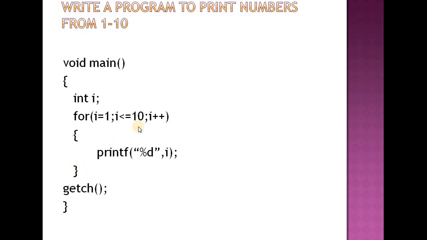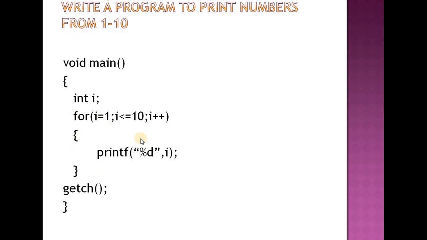With this curly bracket, control will go over here, the value of i will become 3, control will come over here. Is 3 less than or equal to 10? Yes. Enter the loop, print the value of i, which is 3, curly bracket, again go over here. What is the value now? 4. Is 4 less than or equal to 10? Yes. Come over here, 4 will get printed, and so on.